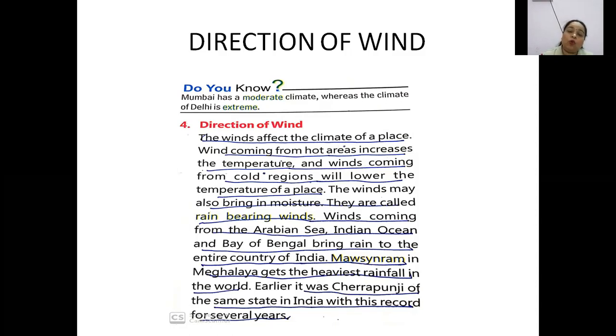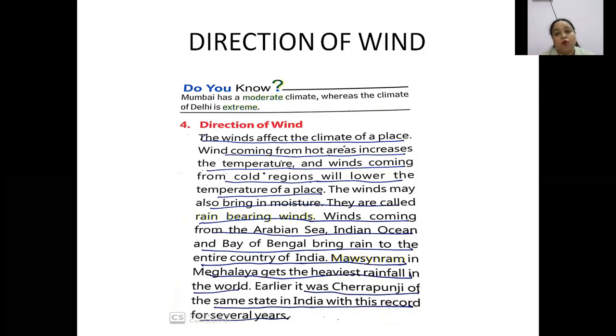They are blowing over the oceans of the Arabian Sea, Indian Ocean and Bay of Bengal. Because they are blowing over the ocean, they are warm winds and they are carrying moisture.